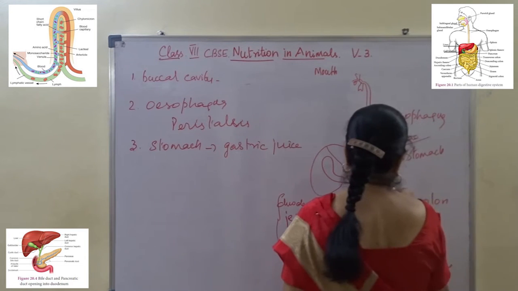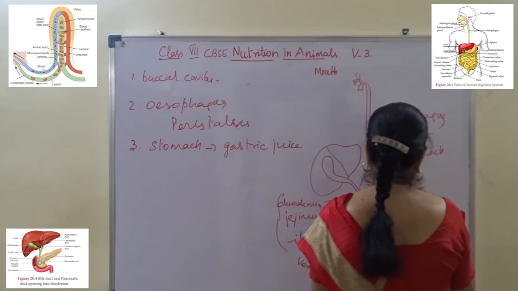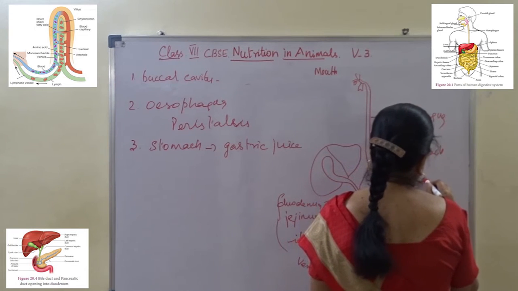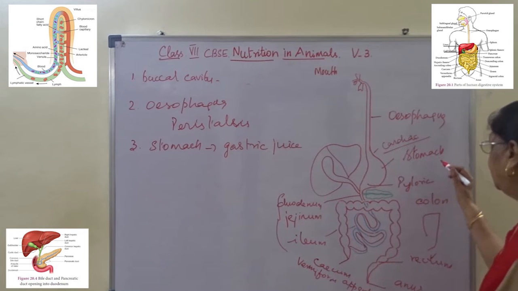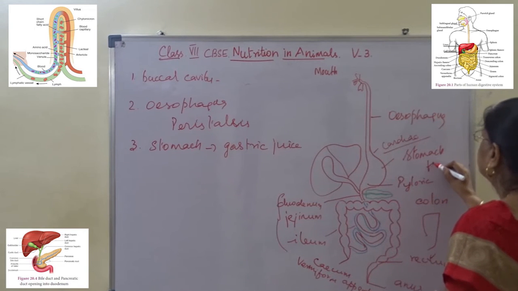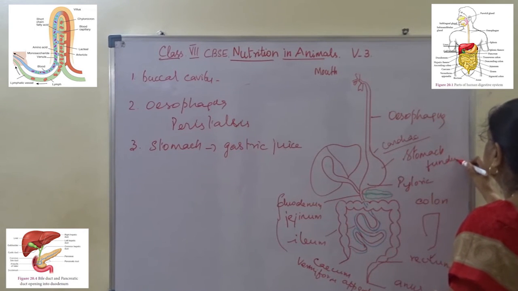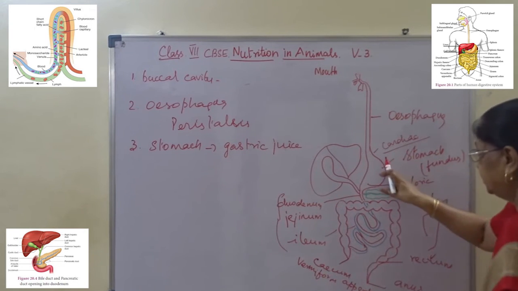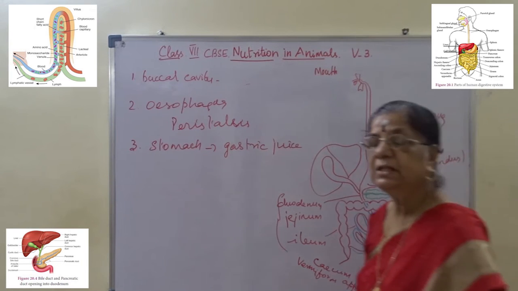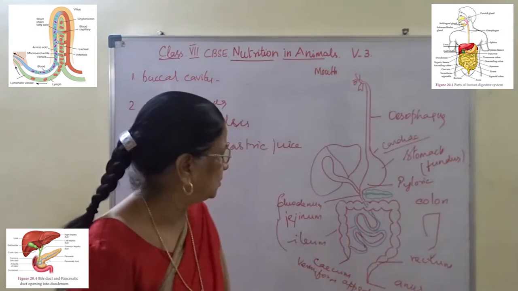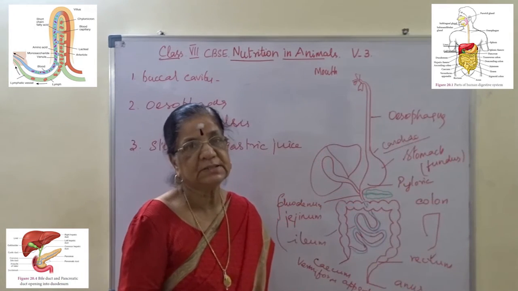This is called the pyloric end, the pyloric stomach. Now the body of the stomach is called the fundus. The bulging portion is called the fundus. The anterior end is known as the cardiac stomach, and the posterior is the pyloric stomach.